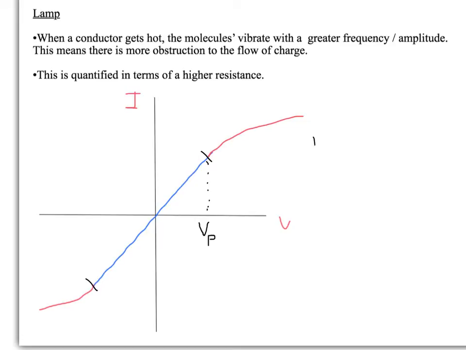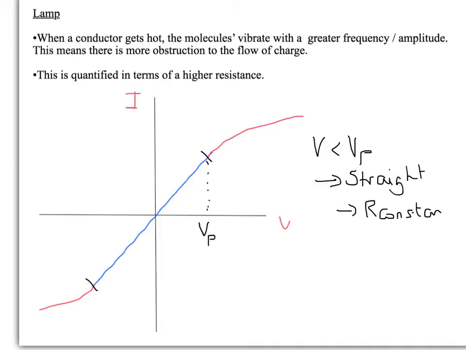When V is less than this VP value, it's a straight line. And what does that mean? It means the resistance is constant, because the gradient is constant and 1 over the gradient is resistance. So in that section your resistance is constant.